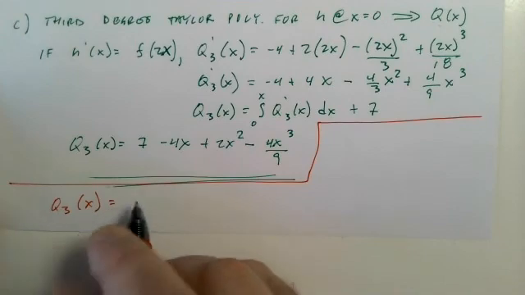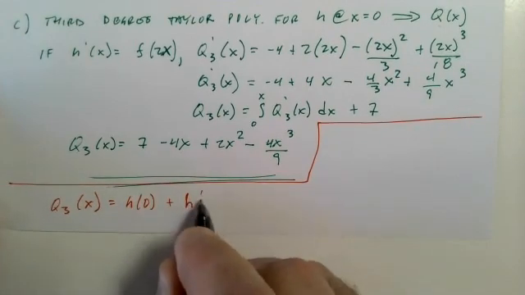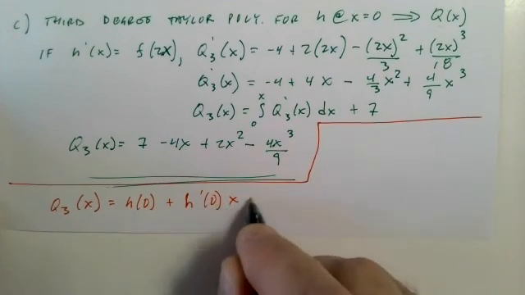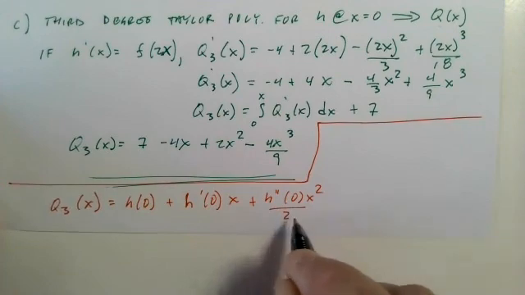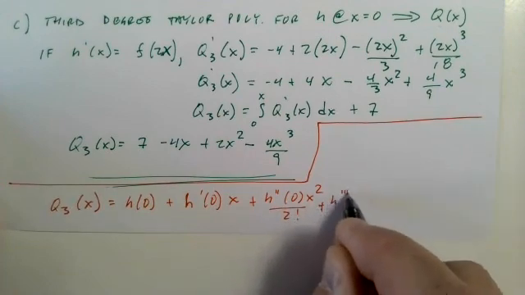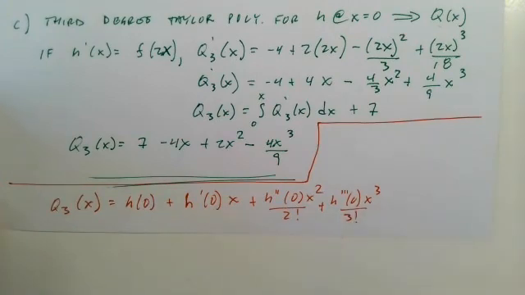Q3 of x equals h of 0 plus h prime of 0 x plus h double prime of 0 x squared over 2 factorial plus h triple prime of 0 x to the third over 3 factorial.